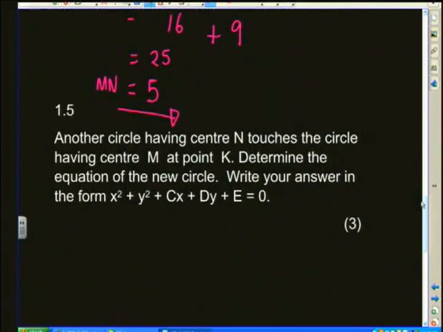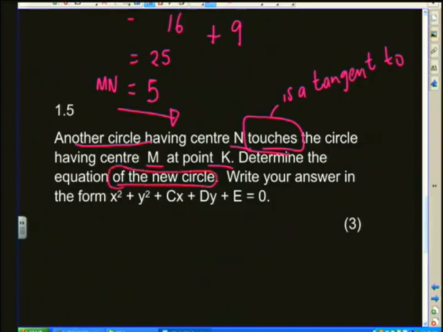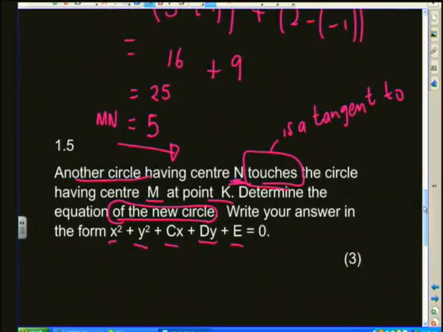So we go back to circle center N, which we've already established, but they say another circle having center N touches, which is another way to say is a tangent to, the circle having center M at the point K. Determine the equation of the new circle, being the circle with center N, and write your answer in a very specific way, in the form x squared plus y squared plus cx plus dy plus e. So it's not exactly in standard form. It has been expanded and rewritten.